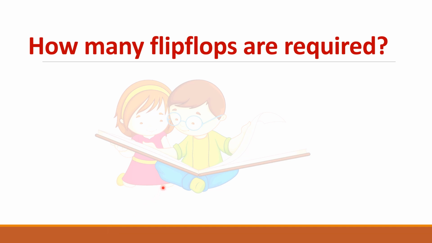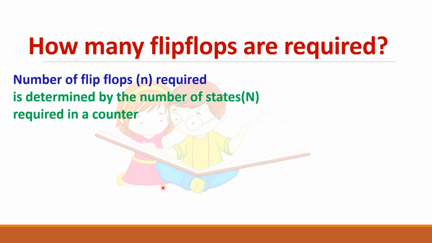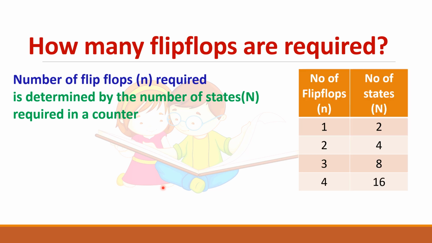How many flip-flops are required depends upon the number of states required in a counter. For example, if I need two states only, I can go for one flip-flop. But if I need four states, I have to go for two flip-flops. So depending upon the number of states, I have to choose the number of flip-flops.